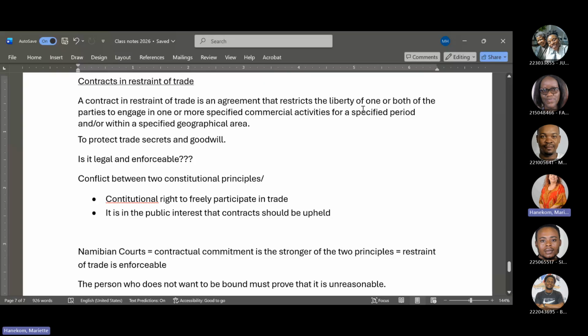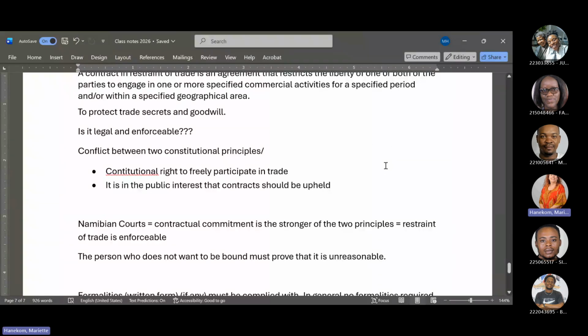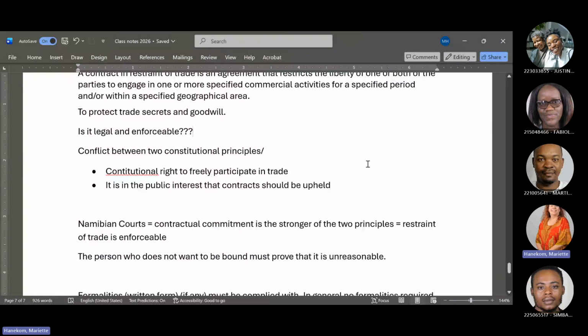On the other hand, there is another principle which we follow, namely that it is in the public interest that contracts should be upheld. And this is a contract that you entered into freely. Accordingly, it is in the public interest that you must be held to the contract that you entered into.